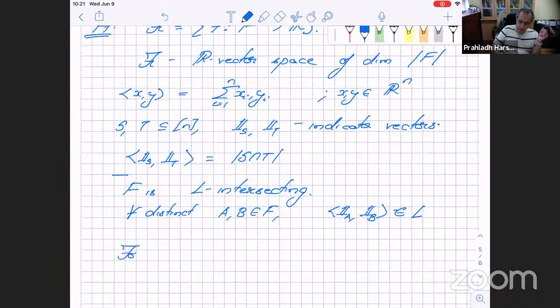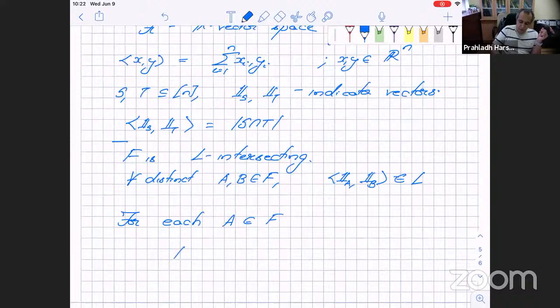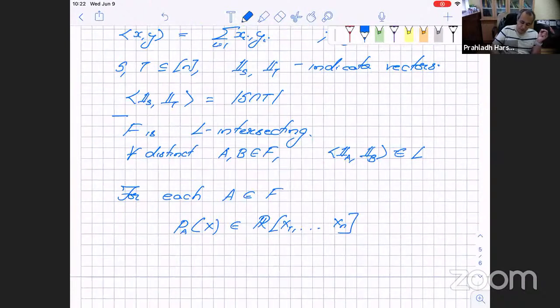Now I'm going to build a polynomial. For each A in f, let's build this polynomial P_A of X. P_A of X is going to be an n-variate polynomial over the reals, in x1, x2, ..., xn. This could have worked over any field, but let's work over the reals. Let's first call it P_A tilde.